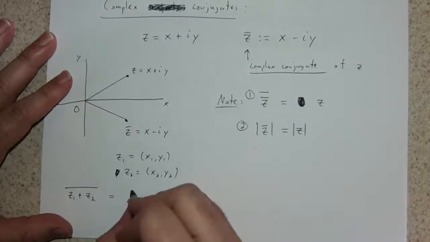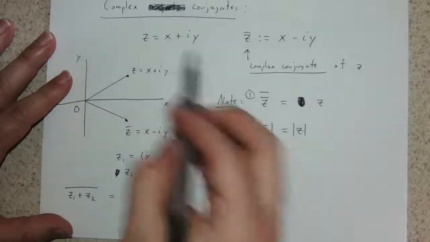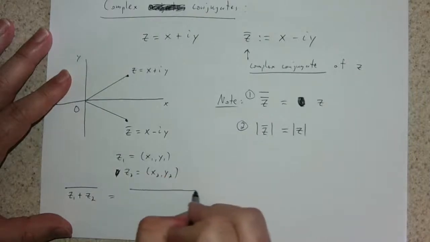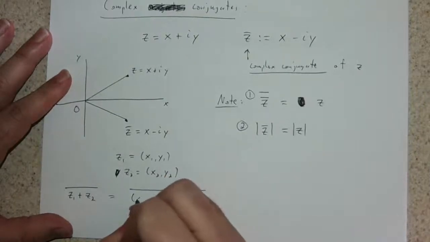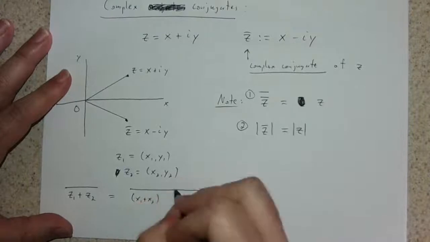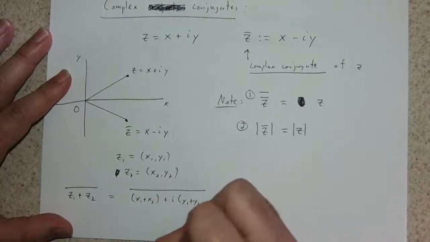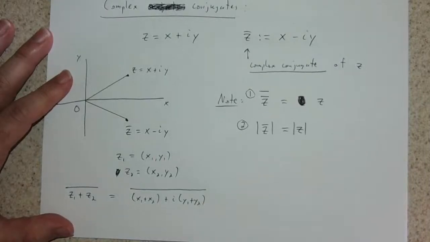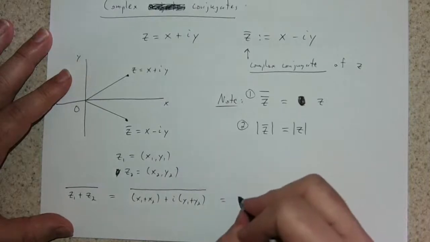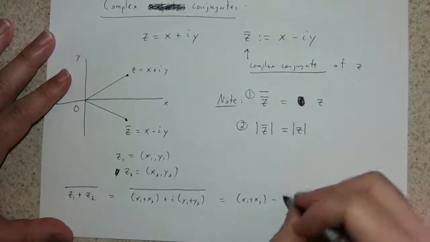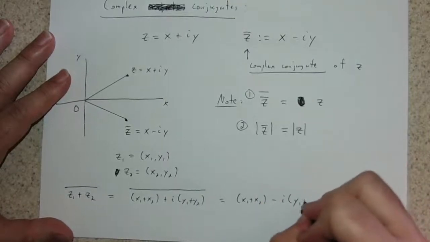Writing now in my x plus iy notation, this would be the conjugate of x1 plus x2 plus i times y1 plus y2. Conjugating a number that looks like this just means replacing that plus with a minus. So this is x1 plus x2 minus i times y1 plus y2.